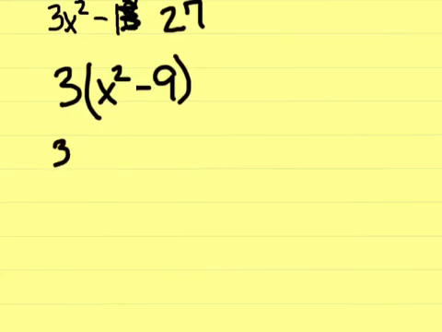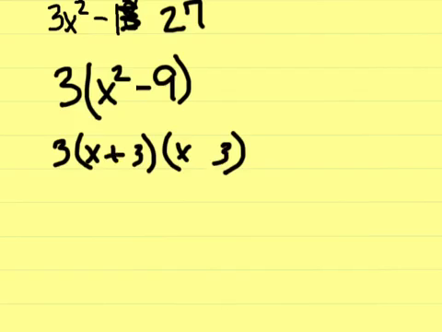So we keep the 3, and we factor x squared minus 9 as a difference of two squares. So what's the square root of x squared? X. Square root of 9? 3. One's plus, one's minus. So we have 3 times x plus 3 times x minus 3.